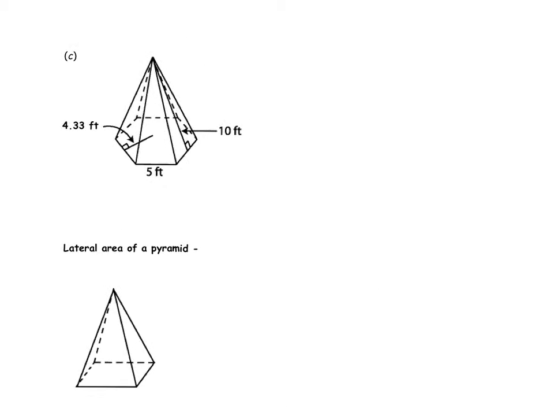In our third example, we have a hexagonal pyramid. So the way we find the area of a hexagon is we do 6 times 1/2 base times height, since we can split that hexagon into 6 triangles with area of 1/2 base times height. So what we need to do is find the height of each of those triangles, which thankfully is given to us. That's what this distance right here is.